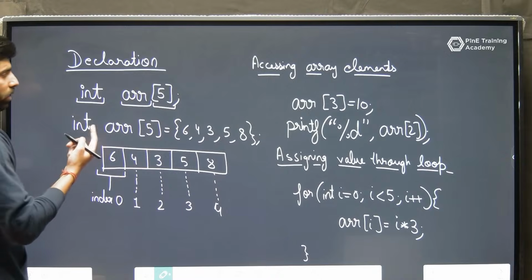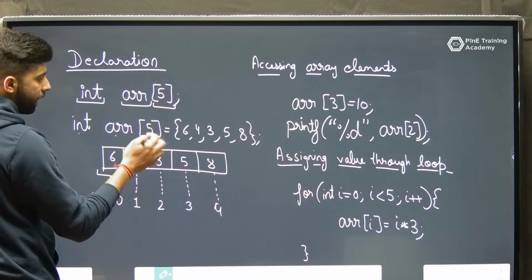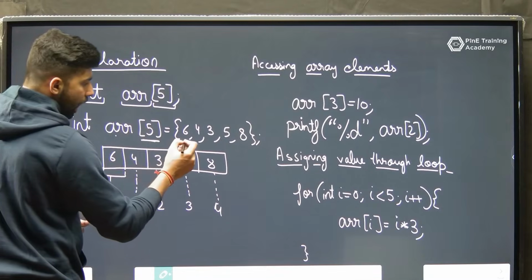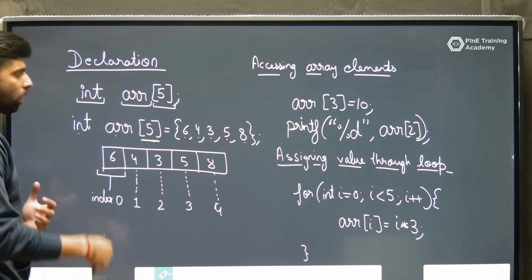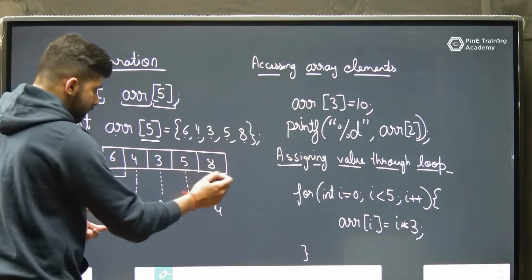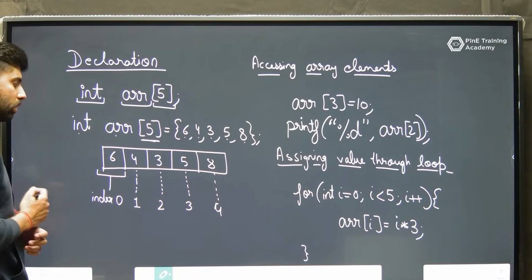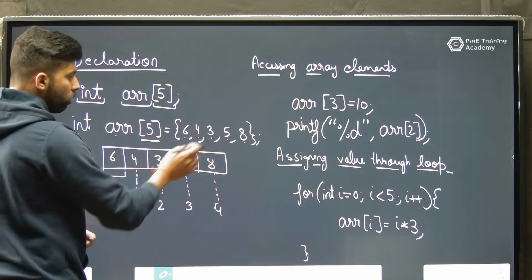I can also give the values while declaring: int array of 5, with those 5 values in curly braces. Now it will create space for 5 variables, and each block will contain those numbers.